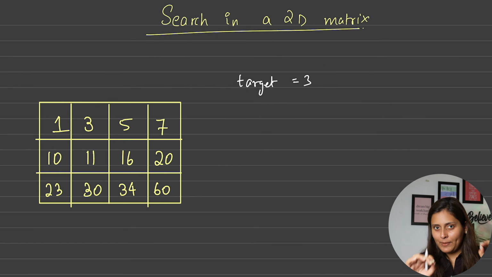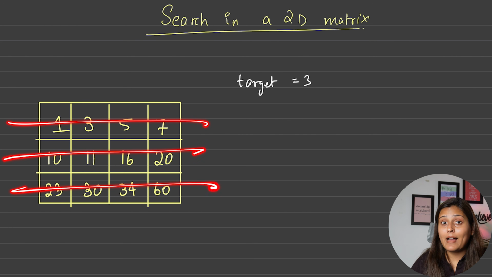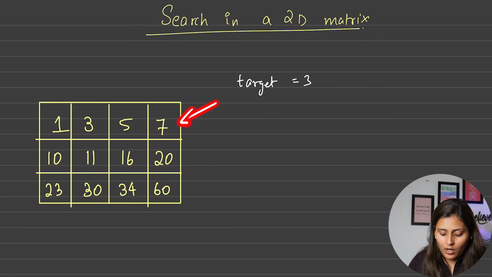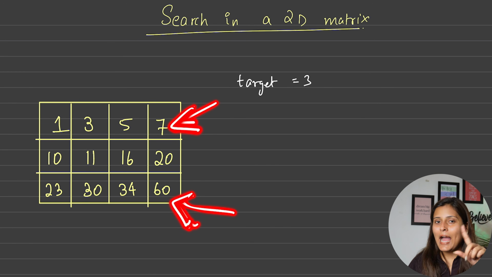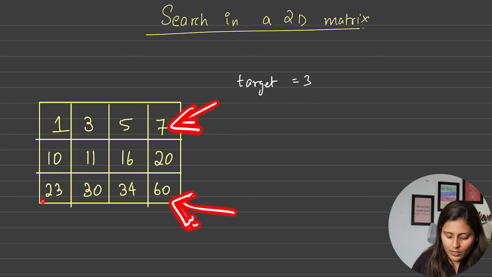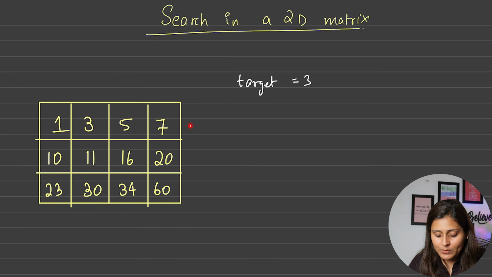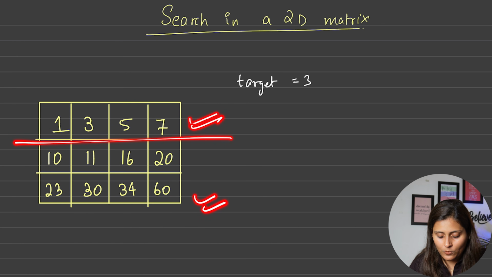So first we will apply the binary logic on the rows to get the valid row. And how can we apply it? We will put the starting point and the ending point here, and compare with the first value of every row. Can I say this? Yes. But I want the mid value, which is the mid row.